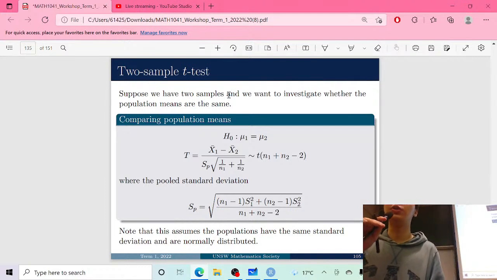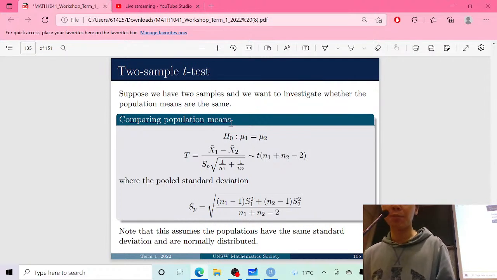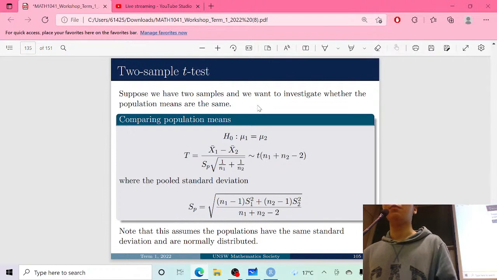So this is where you typically use a two-sample t-test. Your null hypothesis is going to be that the means are the same, and your alternative hypothesis is going to be that the means are not the same. That's typically what the hypotheses are going to be when you're using a two-sample t-test.